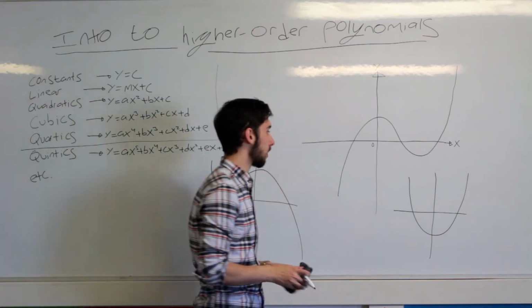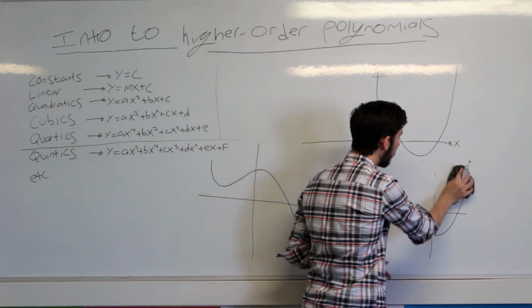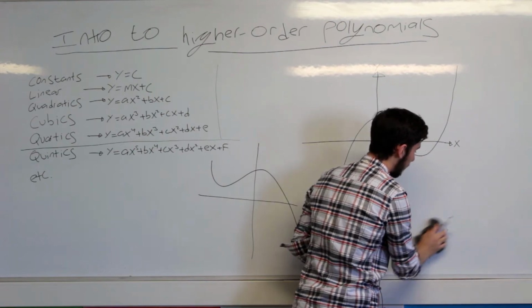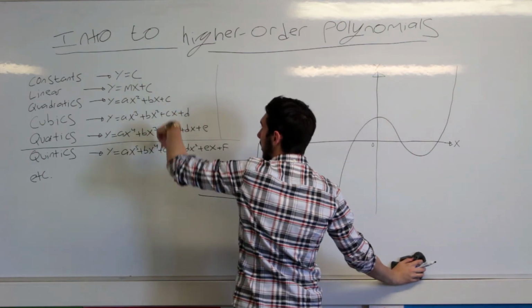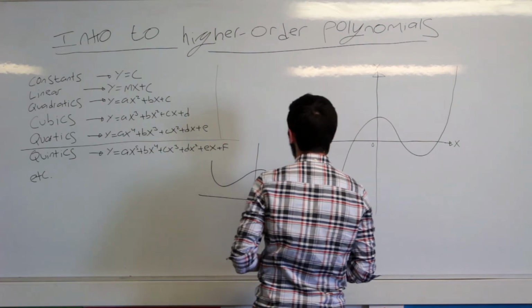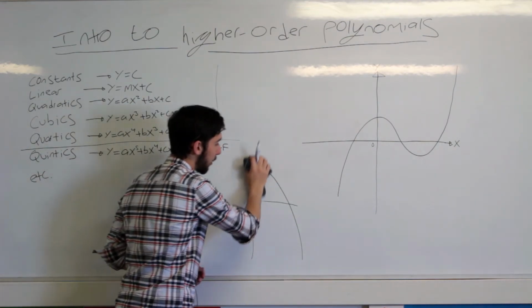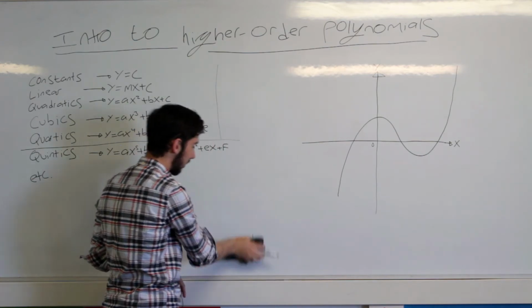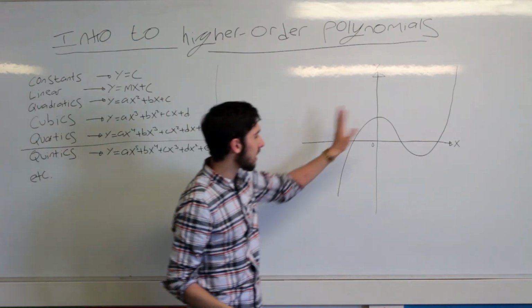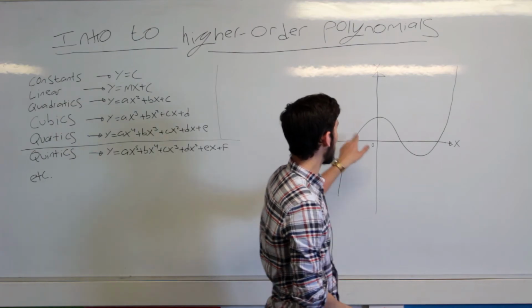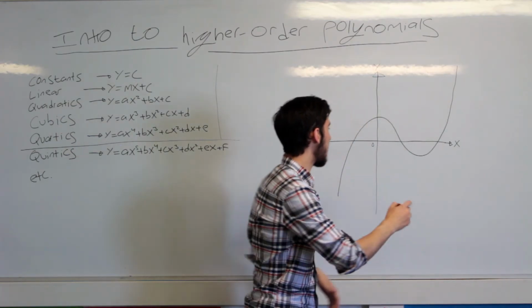That is it. These higher order polynomials, and remember a polynomial is just something that looks like any of these, just look like quadratics, but they have more curves in them. They're wavy.